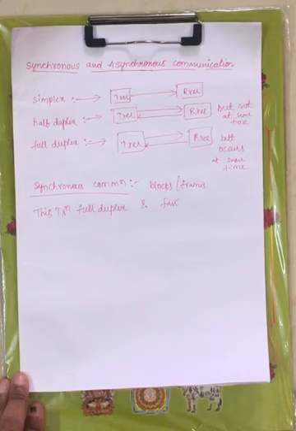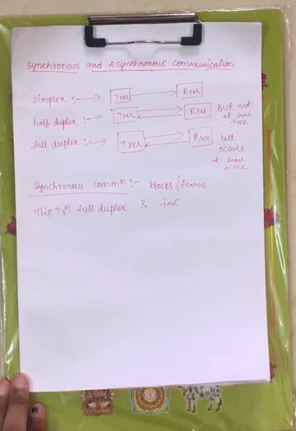That means two directions: transmitter and receiver can transmit the data in two directions at the same time. This communication is very fast. That means you can transmit a large amount of data in very little time.